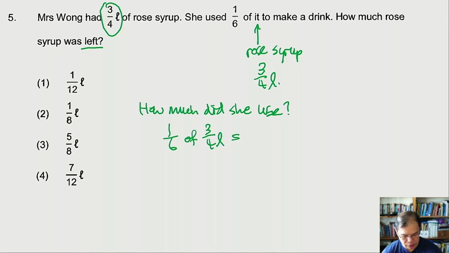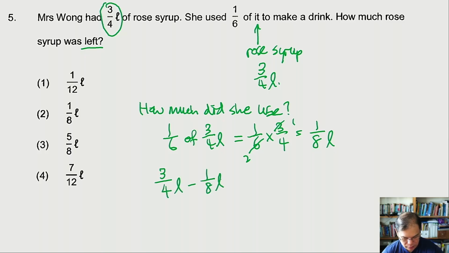You see the word of. It is a multiplication operation. So she used 1/8 liters. So she had 3/4 liters at first. She used 1/8 liter.